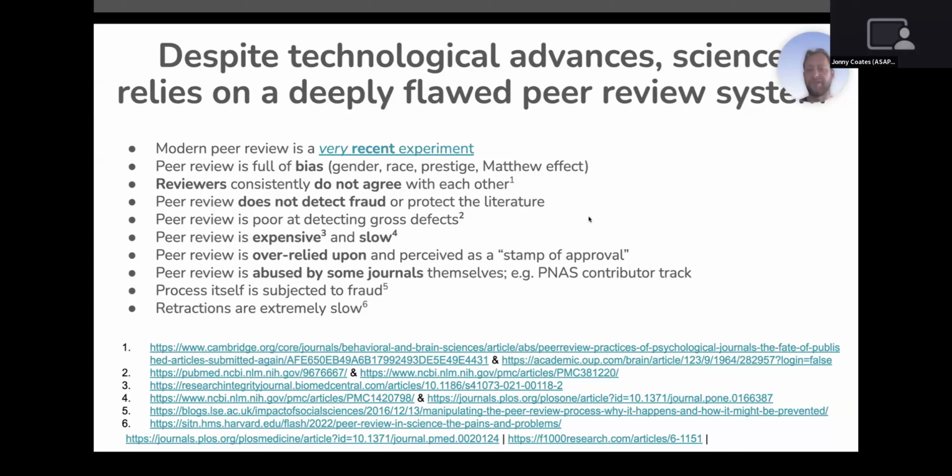Peer review is also actually very bad at detecting errors and defects. And this is to my point with the whiteboard exercise again. Peer review does provide you with expert feedback, and that is good. It generally improves a manuscript. But reviewers are terrible at detecting errors in papers. And there were a few studies done to test this. Basically, the authors deliberately sent manuscripts out for review that had errors in them.